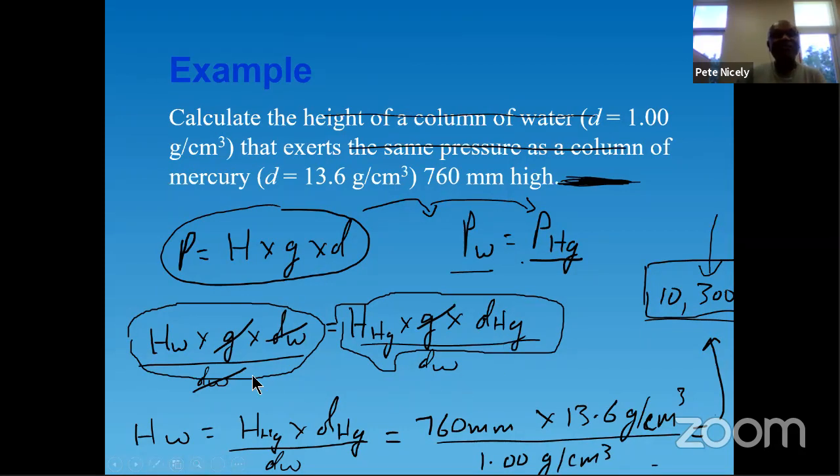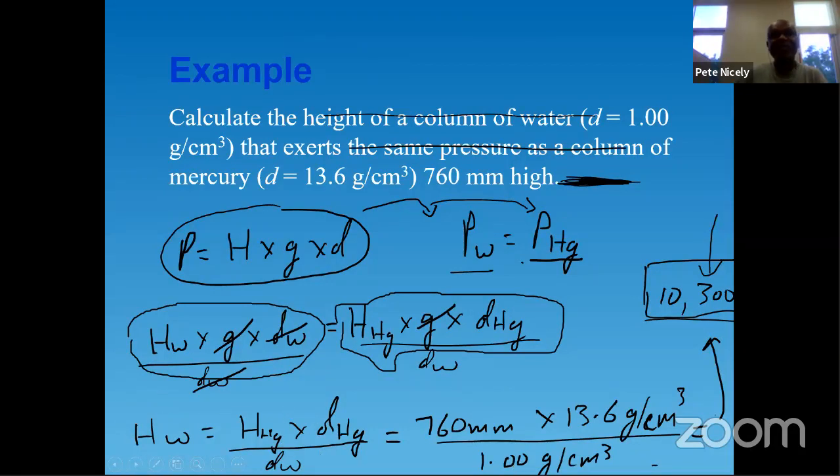Then I canceled g on both sides, and divided both sides by the density of water, because what I'm trying to obtain is the height of the water column, which is what the question is asking for. So when I divide both sides by the density of water, these cancel out, and you're left with H_W equals H, the height of the mercury, times the density of the mercury divided by the density of the water. So that's the expression here.